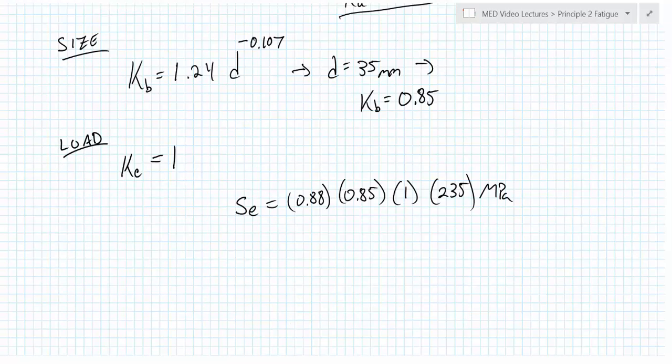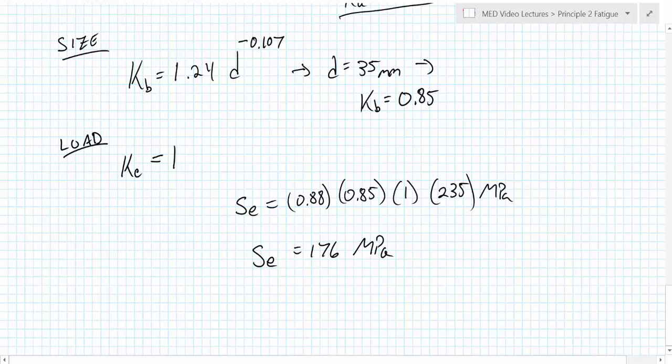When you do that multiplication, you come up with an actual endurance strength of 176 megapascals. So a good bit less than the hypothetical one that we started with.